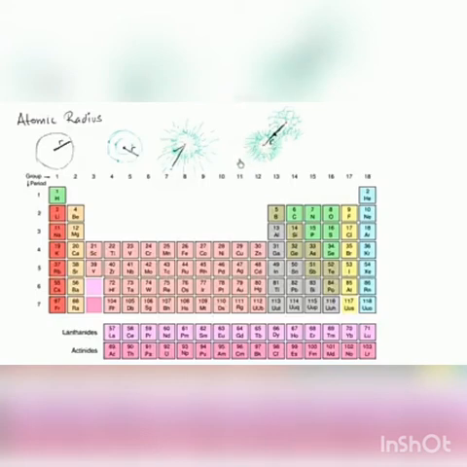Another way is, well, what about if you have two atoms of the same element that are bonded to each other through a covalent bond? So a covalent bond, we've seen this in the past. You essentially have two atoms. So that's the nucleus of one, that's the nucleus of the other, and they're sharing electrons.